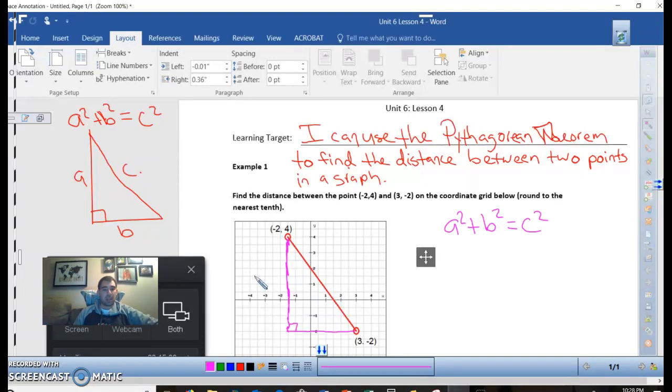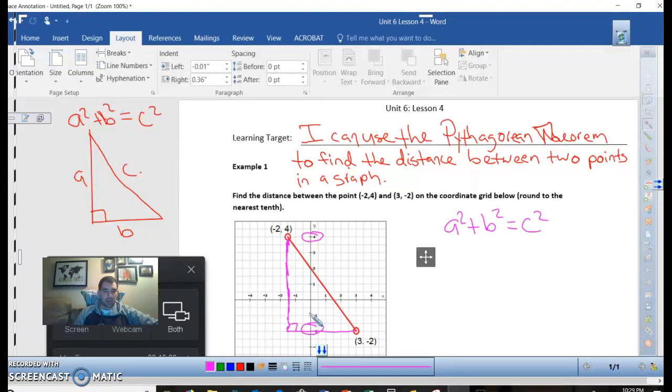So which of these sides do we know? Well, we know this distance, this leg. How do we know that leg? We can count if we want to, or we can see that we're at y of 4 here, and we're at y of -2 here.